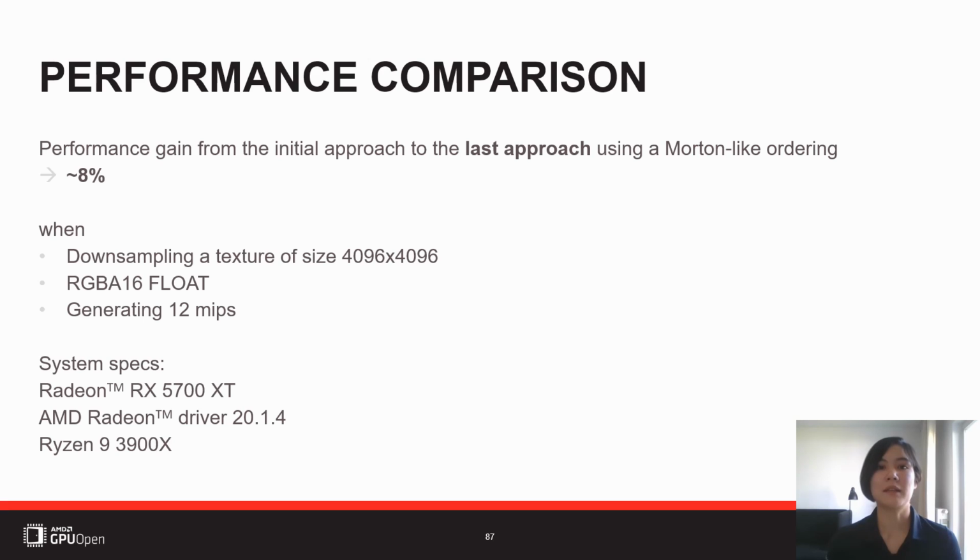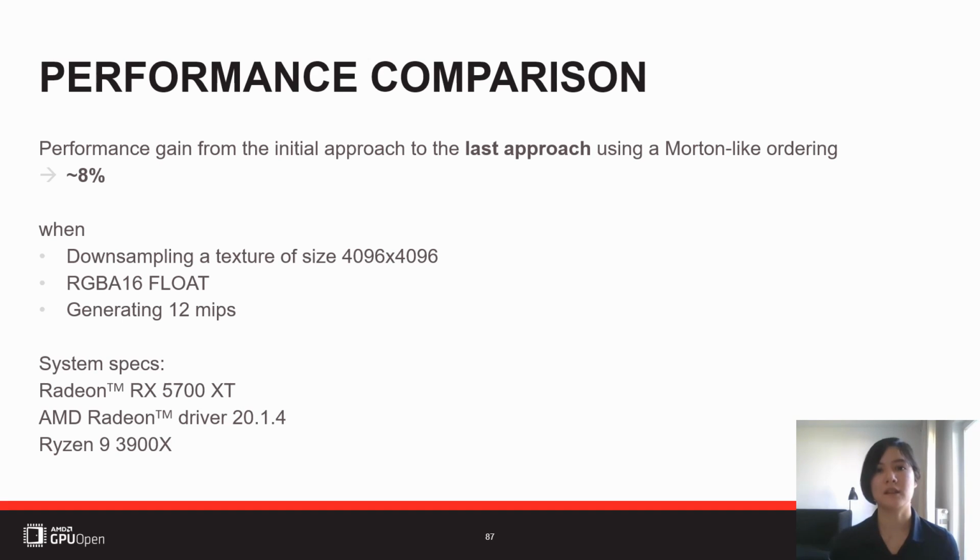Now let's go to the interesting part about performance. Take the first approach I was talking about, a row major like pattern, and the last approach I talked about. The only change between the first and the last was that we had the thread indices recalculated into a quad-like pattern, a Morton-like ordering, and this showed a performance improvement of about 8% for the specific example.